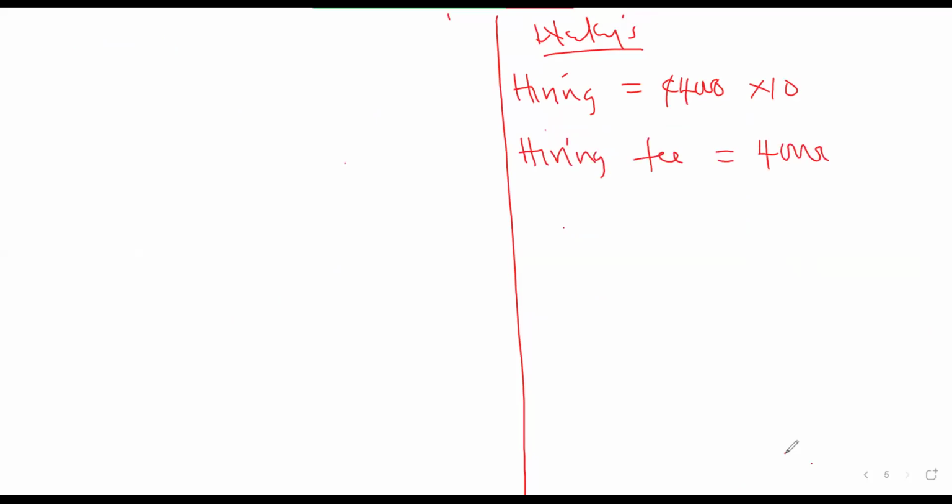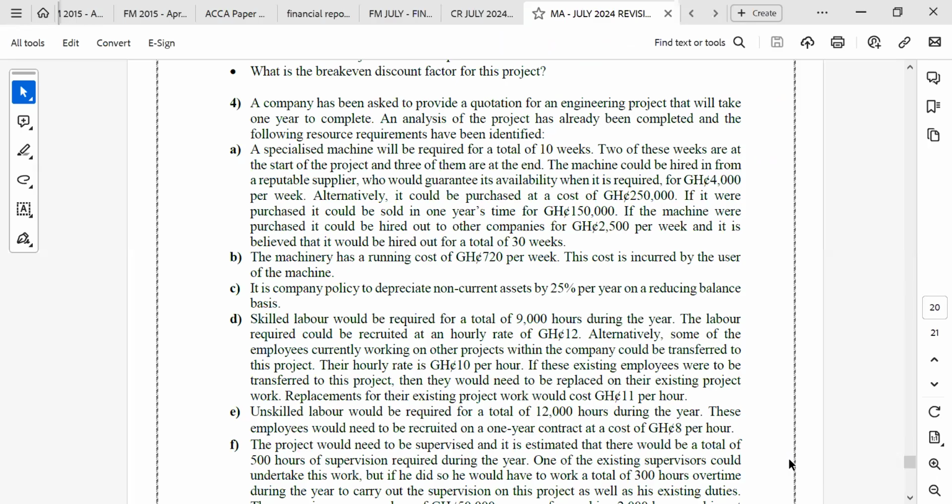Okay. What are they saying now? Alternatively, it could be purchased at a cost of 250,000. If it were purchased, it could be sold in 1 year's time for 150,000. So if we purchase now for 250,000, we are going to be selling at 150,000.